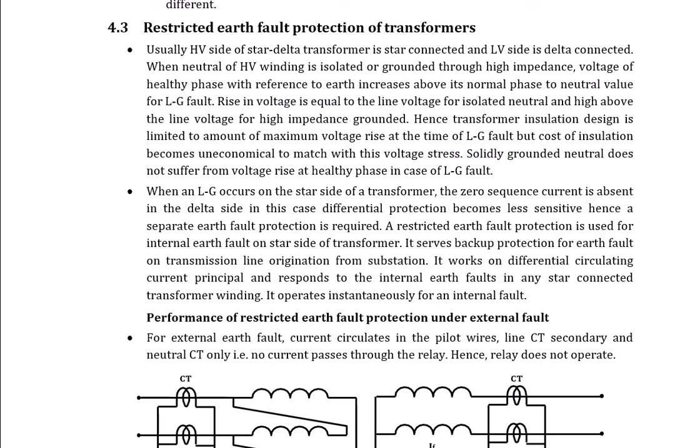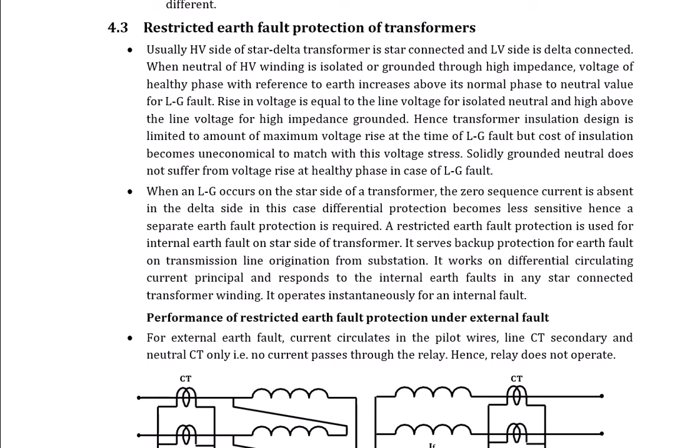Hence the transformer insulation design is limited to the maximum voltage rise at the time of an LG fault, but the cost of insulation becomes uneconomical to match this voltage rise, and a solidly grounded neutral does not suffer from the voltage rise on the healthy phases. When an LG, line to ground, fault occurs on the star side of the transformer, the zero sequence current is absent in the delta side.